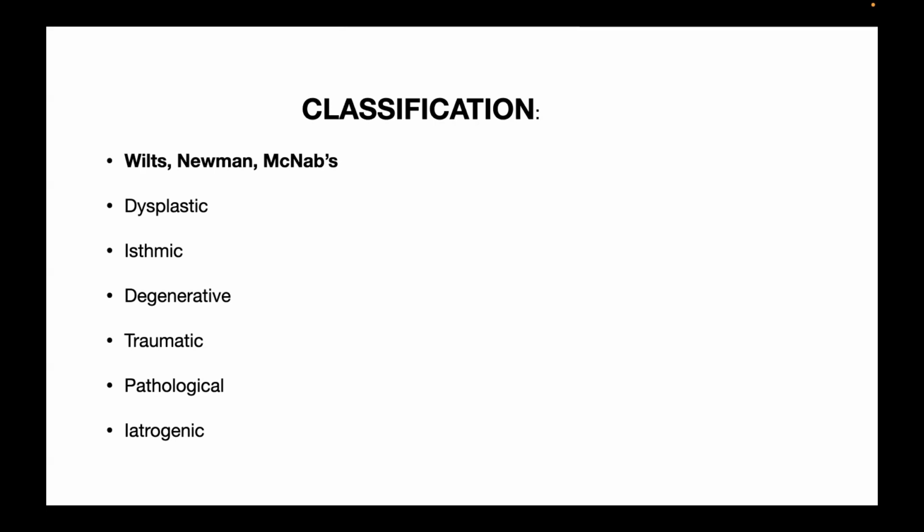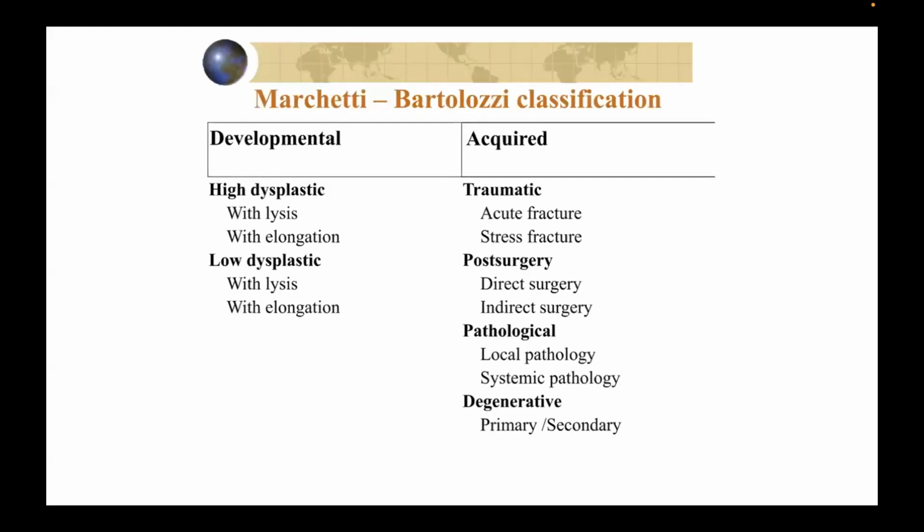Recently, a few other scientists added iatrogenic spondylolisthesis, occurring after any spinal surgery. Marchetti and Bartolozzi classified spondylolisthesis based on the pathogenesis and etiology.